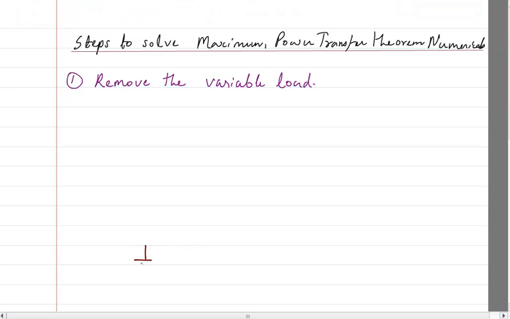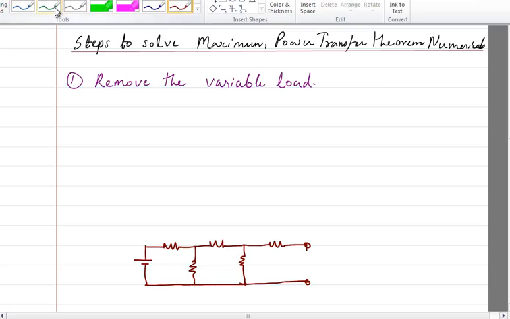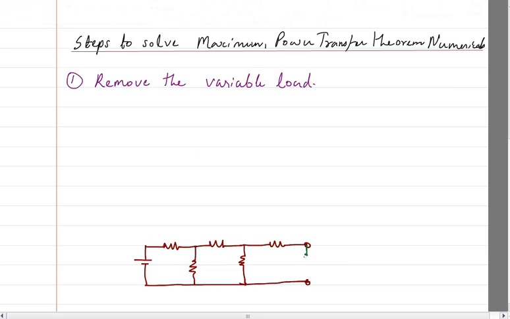and there is some resistance value here, resistance here, and finally there is some resistance in which I want to find out the load. So let me draw it in a different color.